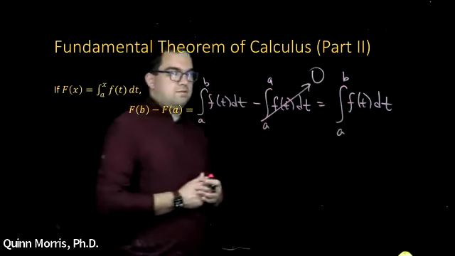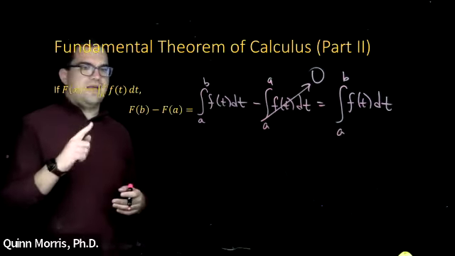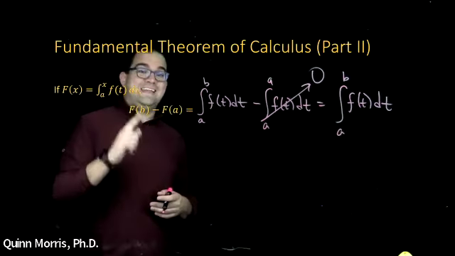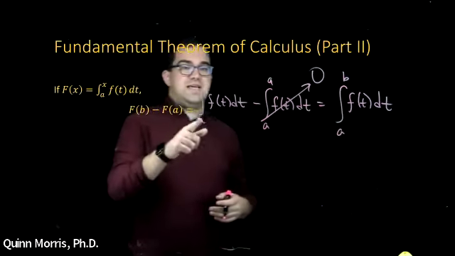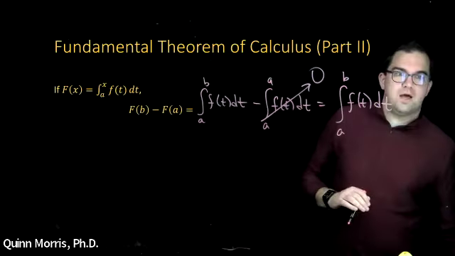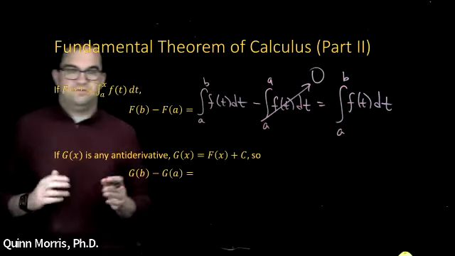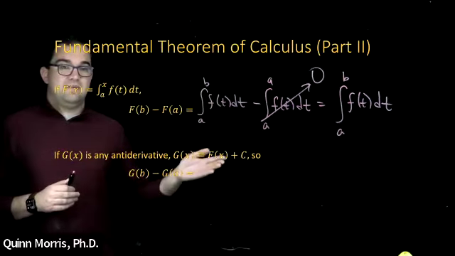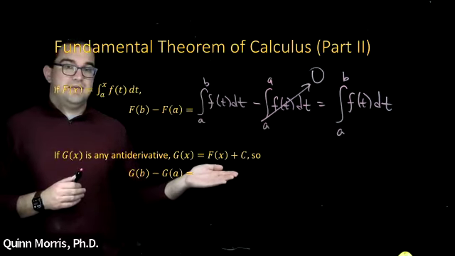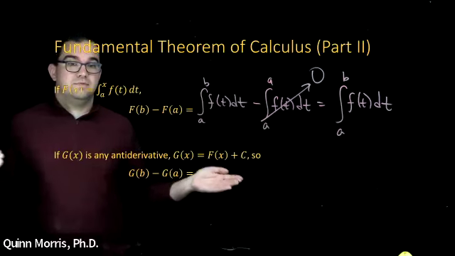But again, we need to be a little careful because the fundamental theorem of calculus says this should work for any antiderivative, not just the antiderivative that is this accumulation function. So we could modify our question slightly and say, what if G is any antiderivative? Well, if G is any antiderivative, then G is going to be equal to that accumulation function plus some constant.